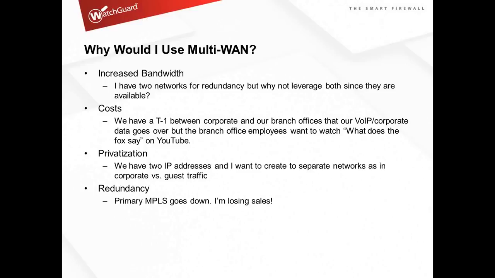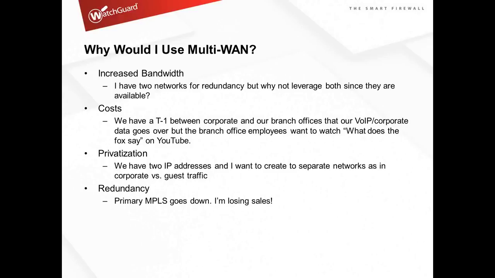But in the event that you wanted your employees to have a little more freedom on their browser and want them to entertain themselves on YouTube, you can set a policy so your branch office employees go over the Comcast connection or a cheaper connection to get to those traffic-intensive applications, while saving your T1 connection for maybe latency-sensitive voice traffic that is going to be affected by latency issues.